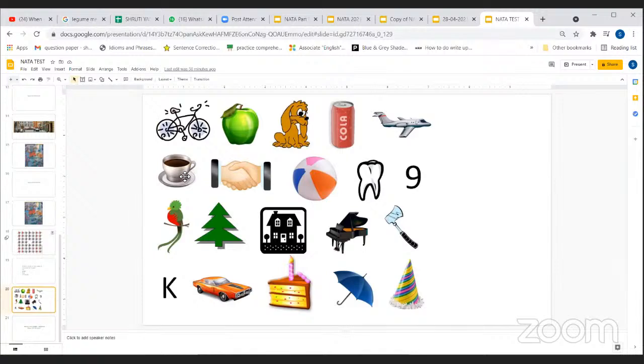Then coffee, handshake, ball, tooth, number 9, bird, pine tree, house, piano, axe, K, car, cake, umbrella, and then birthday cap. If you got the order correct, mark yourself a 10. If you got even one thing messed up, mark yourself a 0. There is no leniency in these kind of questions. Either you get it correct or you get it wrong. Okay? Done.